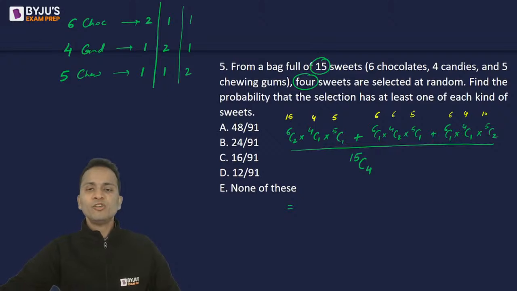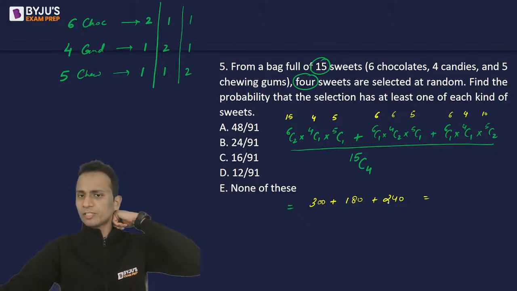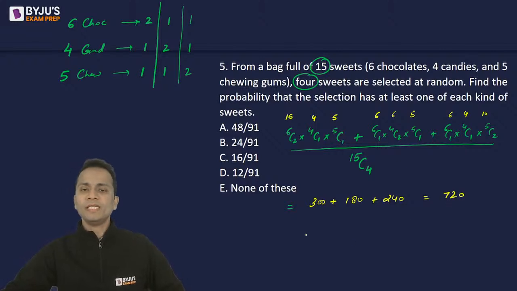So 15 into 4 into 5 is 300, plus 6 into 6 into 5 is 180, plus 6 into 4 into 10 is 240. So पहले न्यूमरेटर सिंप्लीफाई कर लेते हैं. So numerator is 300, 400, 500, 600, 720. 720 is the numerator. Divided by 15C4.